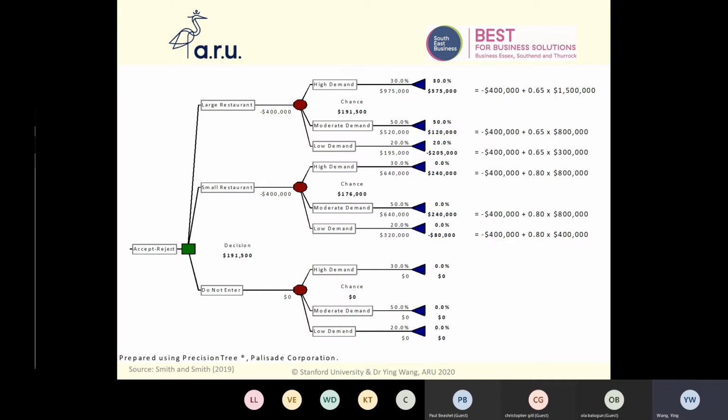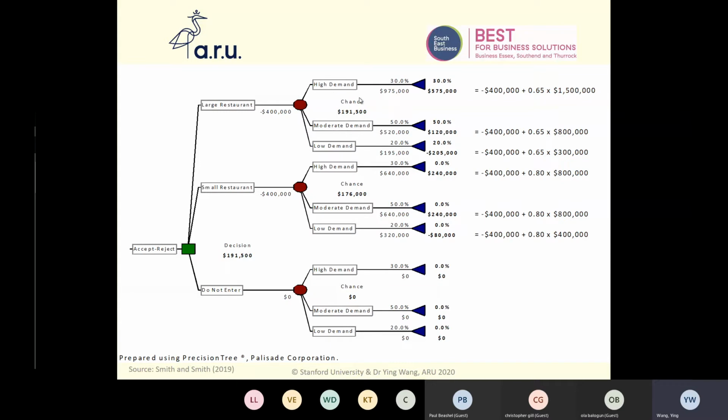A simple example is this accept or reject decision tree using the option concept to open a restaurant: large, small, or do not enter. Behind this, of course, there are a lot of numbers or evaluations, but I've shown you mainly the results here using this option evaluation technique. So the decision will go with the highest NPV.